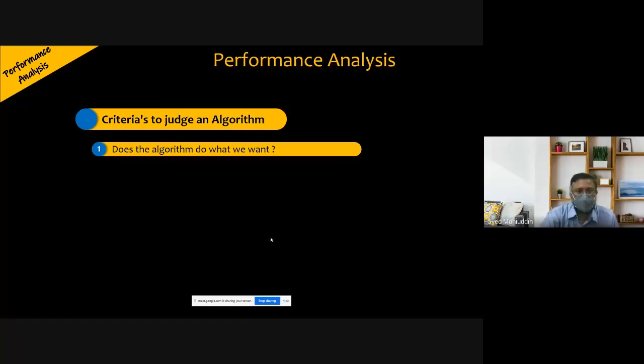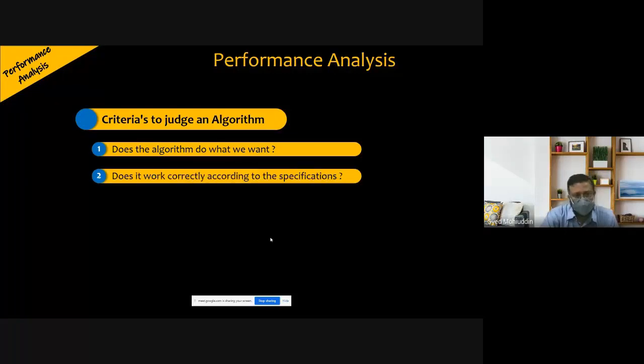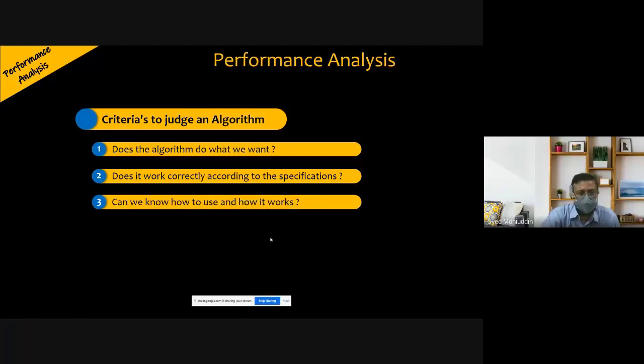When we say tower of Hanoi, it should compute tower of Hanoi. It's not that tower of Hanoi is computing factorial. Then, does it work correctly? For example, factorial of n: if n is 5, the answer should be 120, not 24. So it should work correctly for all cases of inputs.